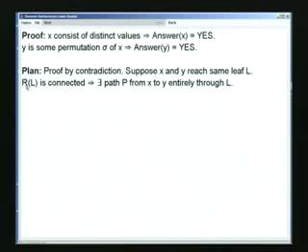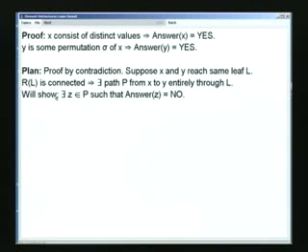Then we know that the region corresponding to every leaf L is a connected region. If it is a connected region, then there has to exist a path P from x to y which passes entirely through L. This is what we know from the previous claim.